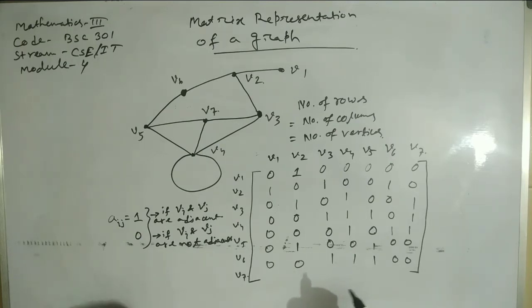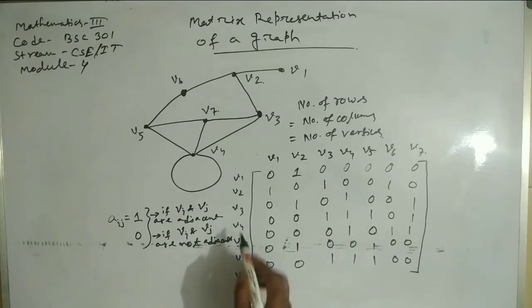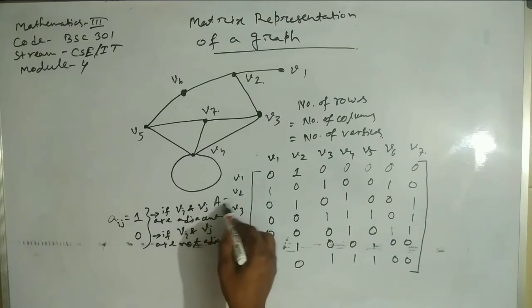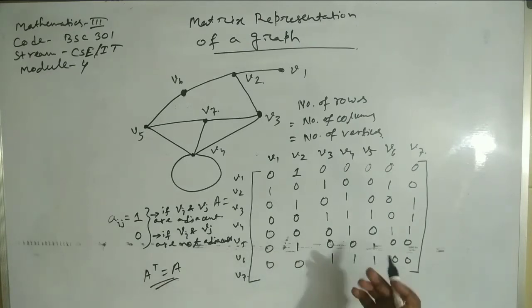Now I have told already that an adjacency matrix is always a square matrix. If I name this matrix A, then A transpose will also be equal to A. That is, an adjacency matrix is always a symmetric matrix.